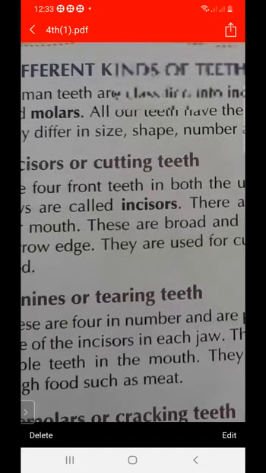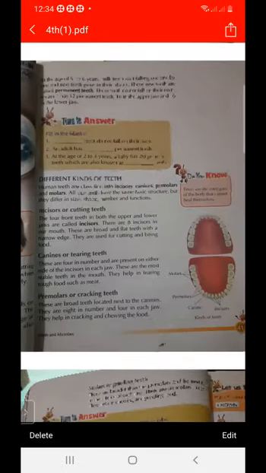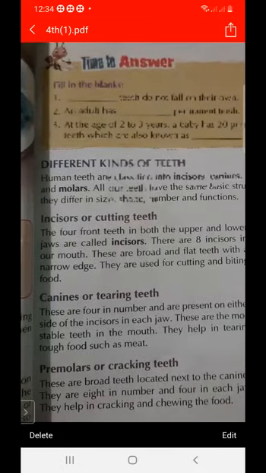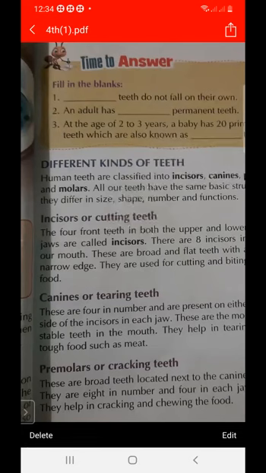First is incisor. What do you mean by incisor? The four front teeth in both upper and lower jaw are called incisor. As shown in the figure, the four front teeth are called incisor.